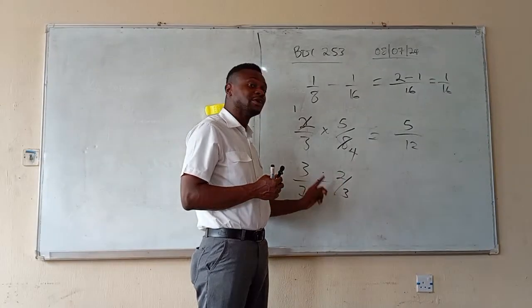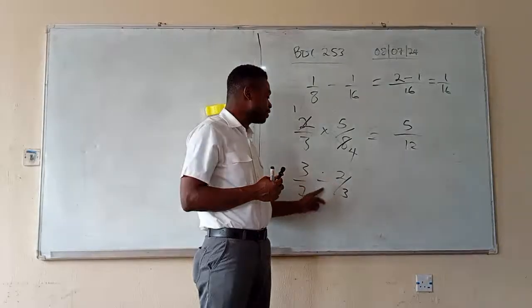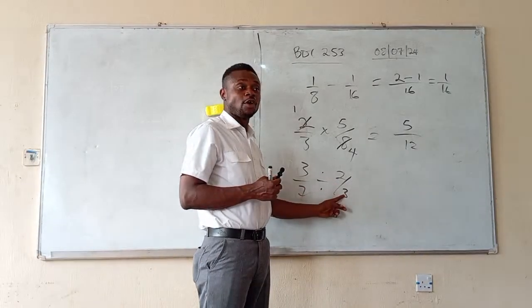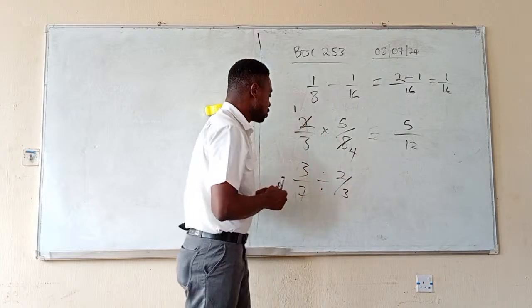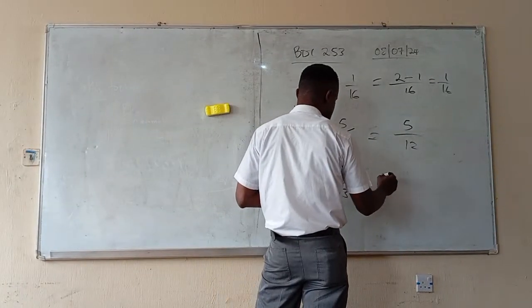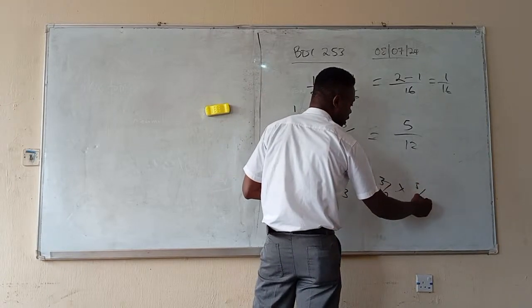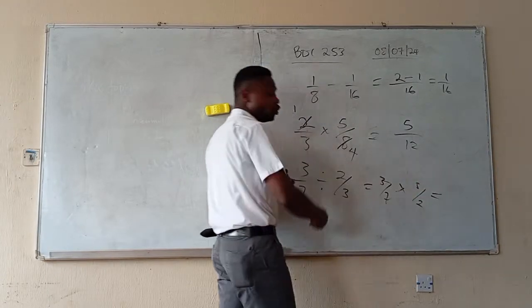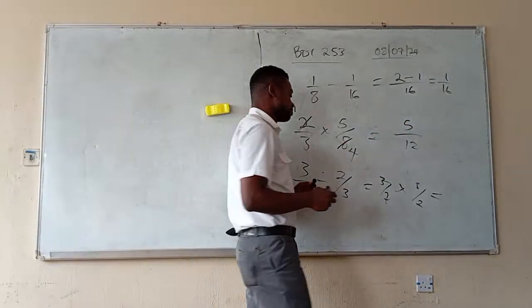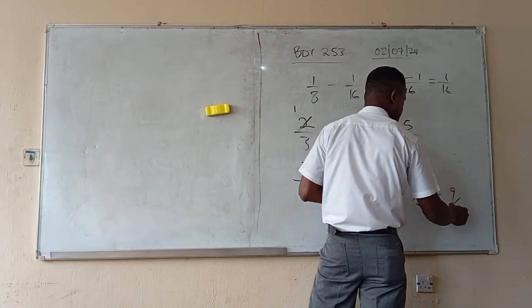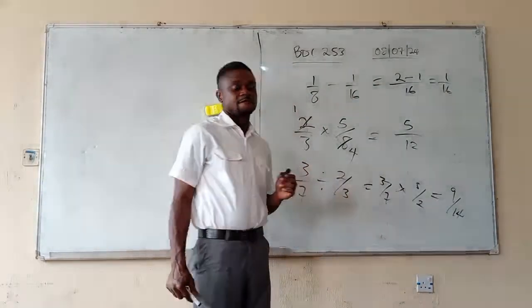For anything to be done, you need to change this sign to multiplication. To achieve that, you invert the other fraction. So this now becomes 3 over 7 times 3 over 2. What's the answer? You can now multiply out, right? Can anything go? So you leave the answer in this form.